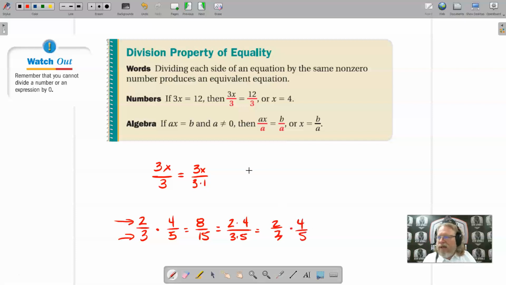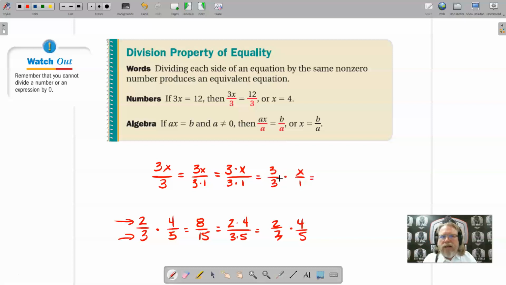So doing the same concept here, I'm going to pull apart the 3x and make this 3 times x and make this 3 times 1. Now I can write this as 3/3 times x over 1.